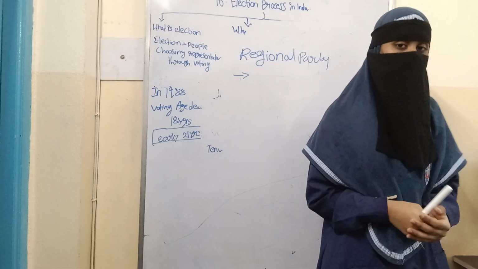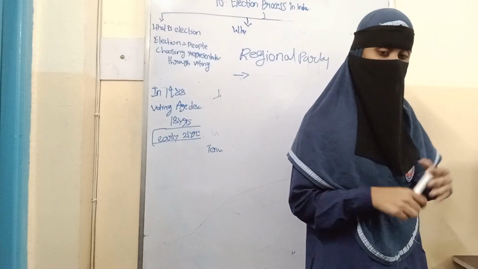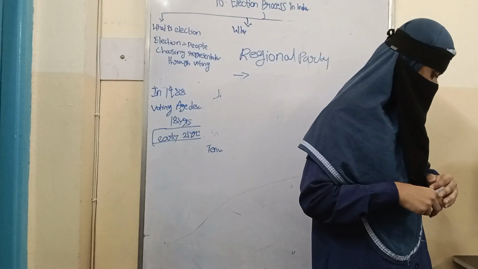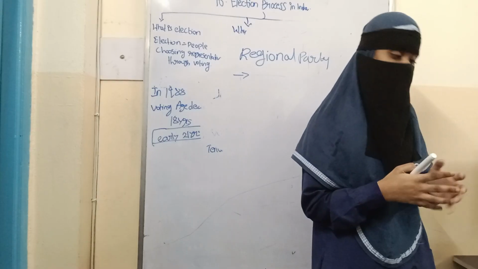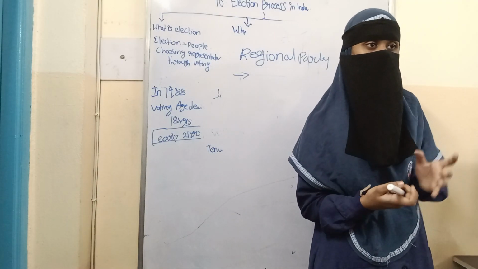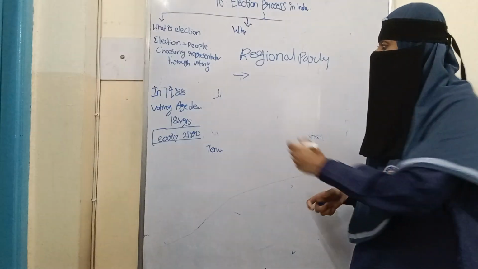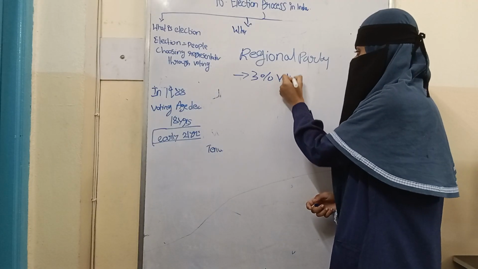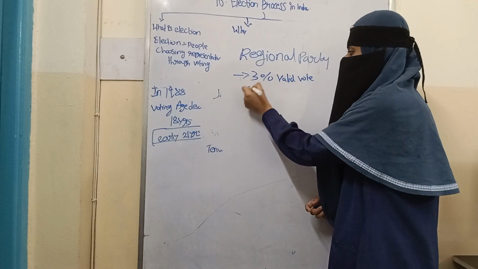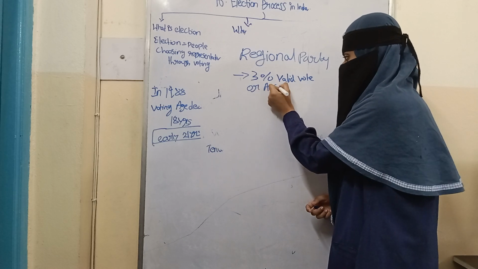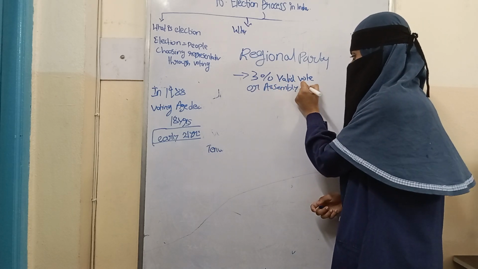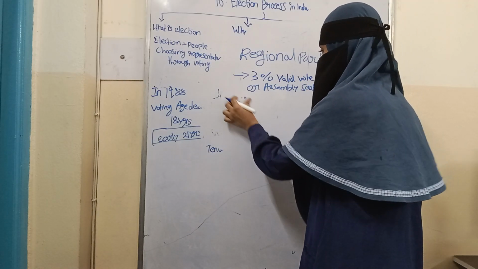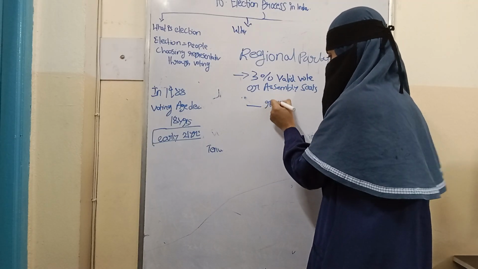If a political party is getting 3% of the valid votes and three assembly seats in a state assembly, then it is recognized as a regional party.